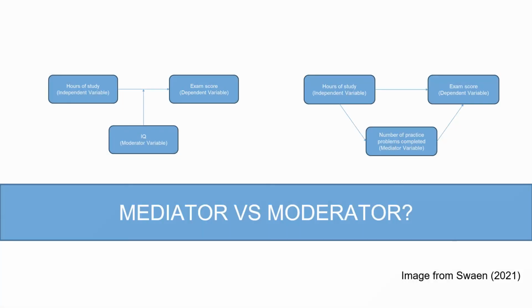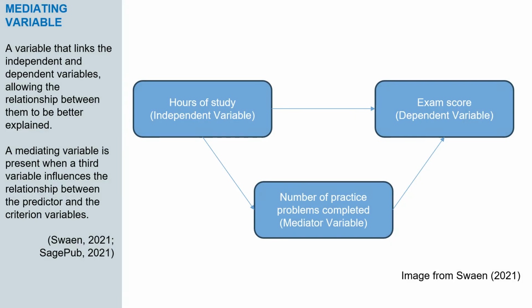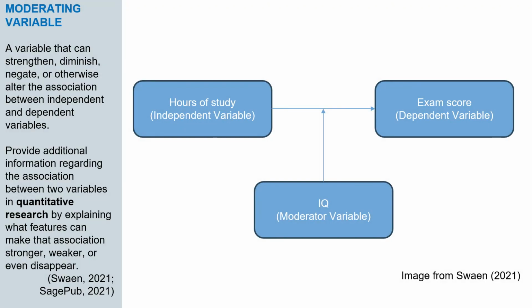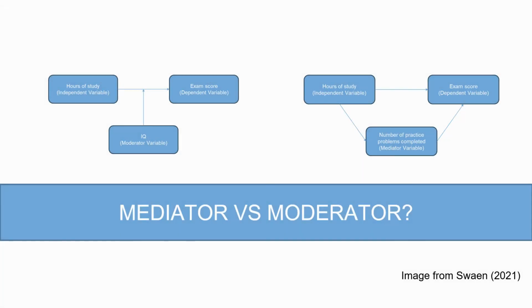So if we get to compare the two, the difference between a mediator and a moderator variable, in the first diagram that we have here to your left, that's of course the moderator variable. It simply strengthens, okay, there's already an existing relationship, it strengthens or weakens the existing relationship. The other diagram that you get to see at this time on your right is what we call the mediator variable.